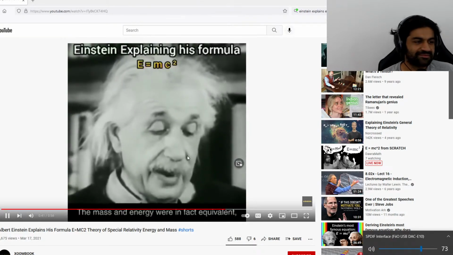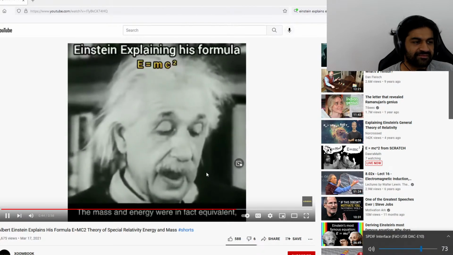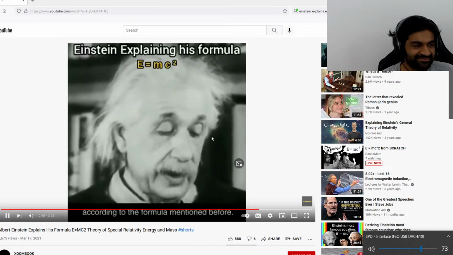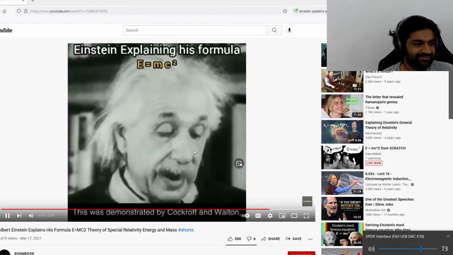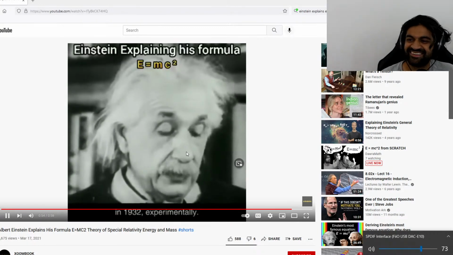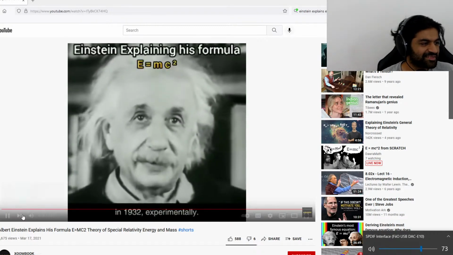The mass and energy were in fact equivalent, according to the formula mentioned above. This was demonstrated by Cockcroft and Walton in 1932 experimentally.